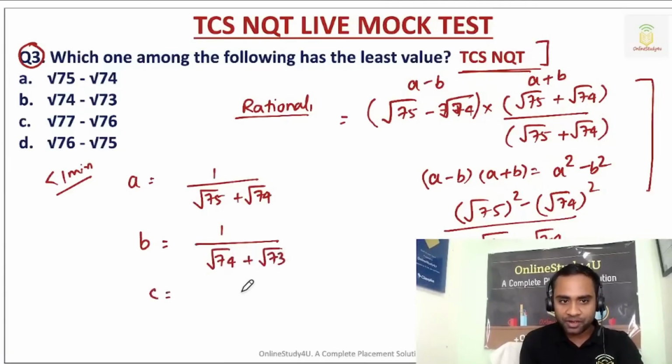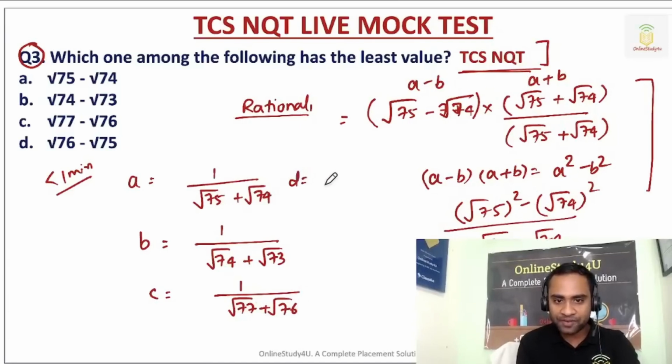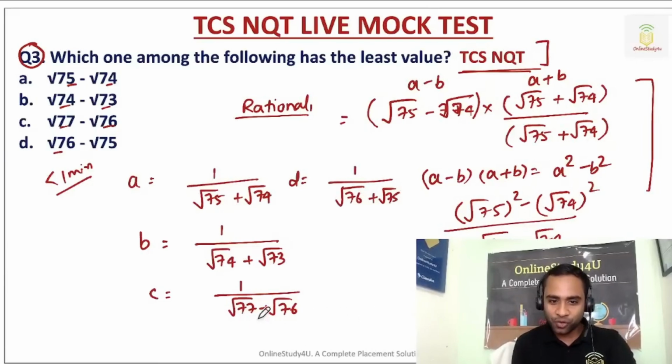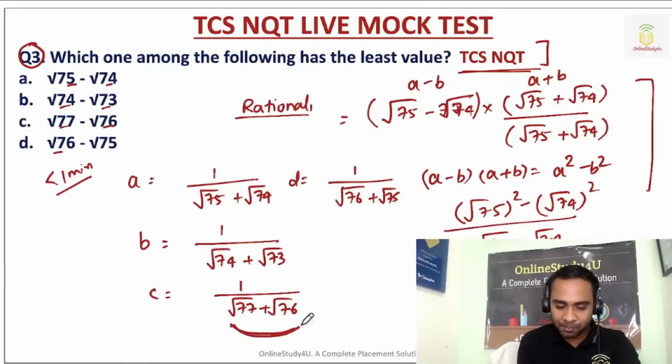Option C: 1 divided by square root of 77 plus square root of 76. And option D: 76, 75. Now you can see this is the denominator, and the denominator has the bigger value, so this will become the least.